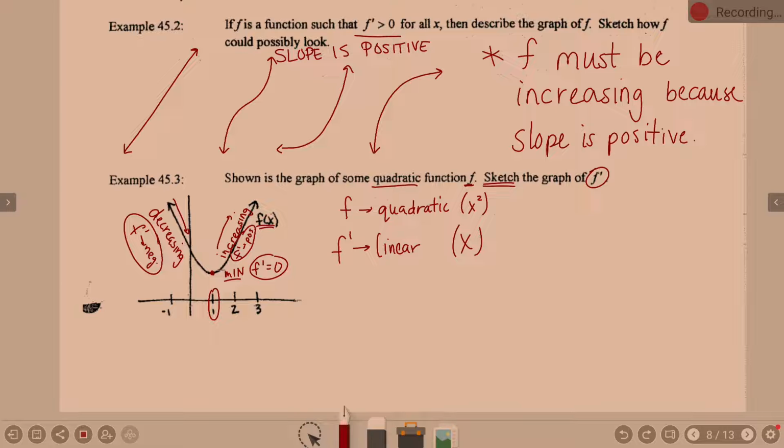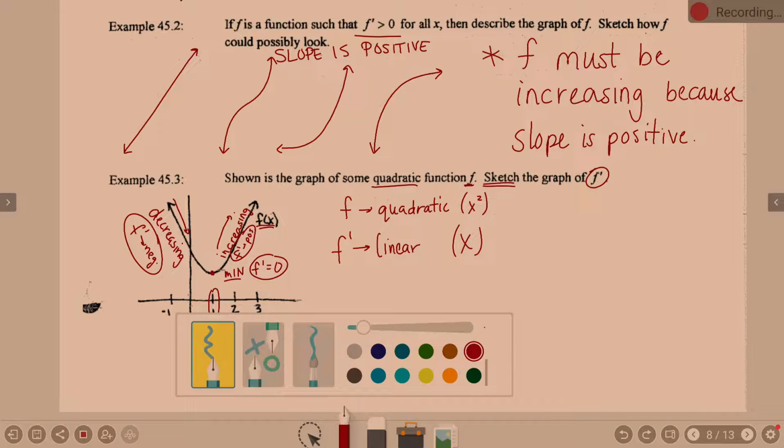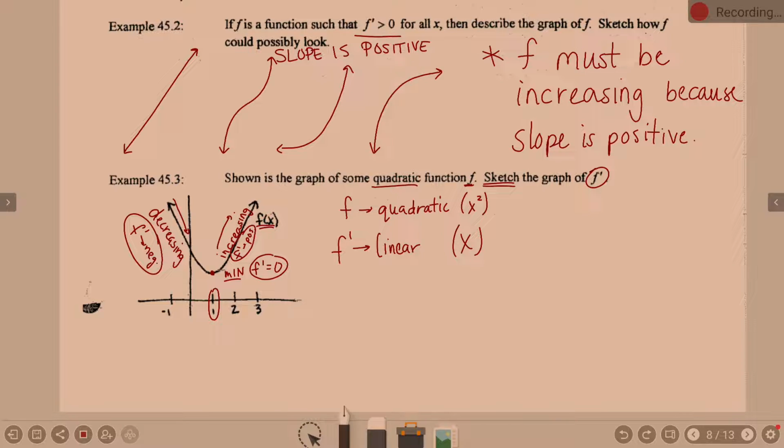Okay, I think we've got all the information that graph can tell us. So we're ready to draw a graph. In terms of x values, I'm putting the same x values that were on the original graph as my plan.